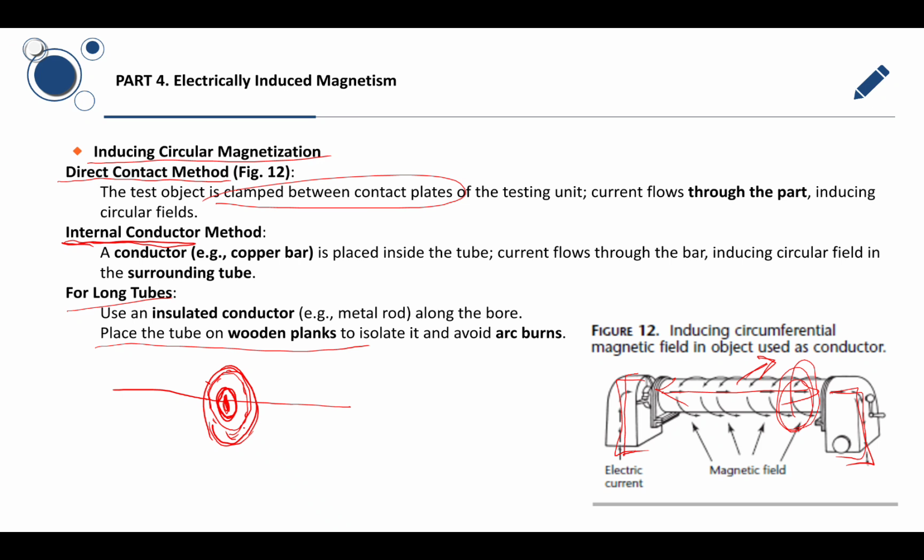Simple example: to inspect a pipe, you would thread a copper bar through its center and the current passes through the bar. The pipe itself becomes circularly magnetized.